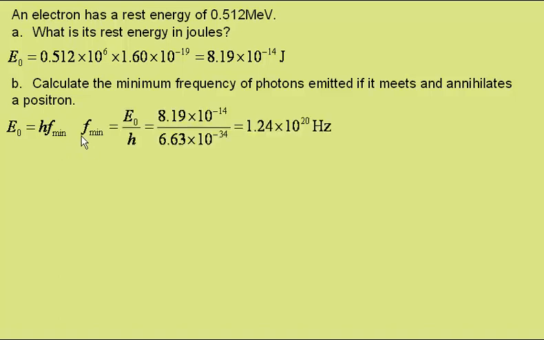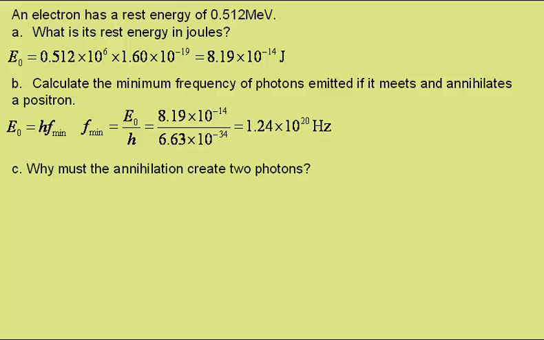So we can rearrange that the minimum frequency is equal to the rest energy of an electron divided by Planck's constant. The rest energy of the electron has to be in joules, which is what we found here. Planck's constant from the data sheet, 6.63 times 10 to the minus 34 joule seconds, giving a minimum frequency of 1.24 times 10 to the 20 Hertz.